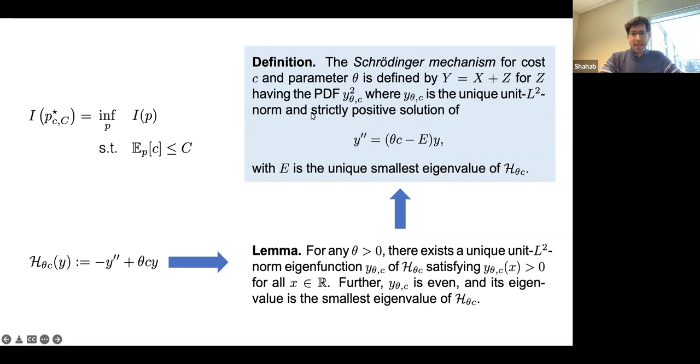This equality comes exactly from this result. Why are we looking at this Schrödinger mechanism? Because, as you can guess, it is actually optimal. It basically minimizes the Fisher information.